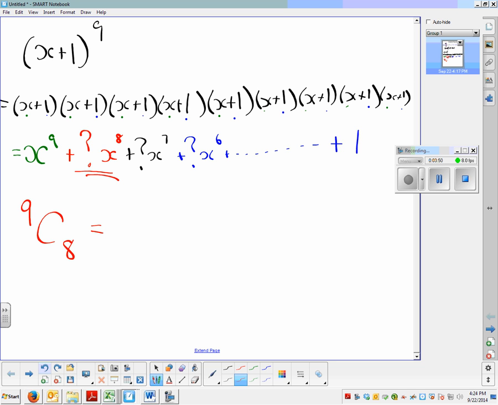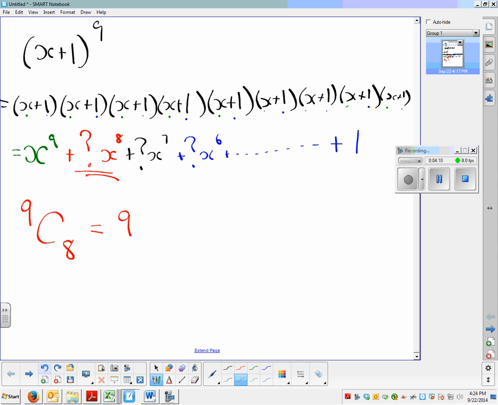And if we work out 9 choose 8, there's 9 ways to do it, because I can pick this one, or this one, or this one, and so on. So there are 9 ways to choose the 1, and that's 9.